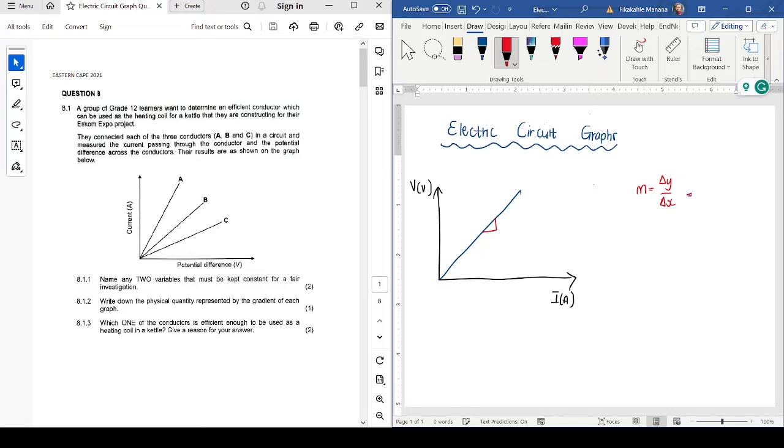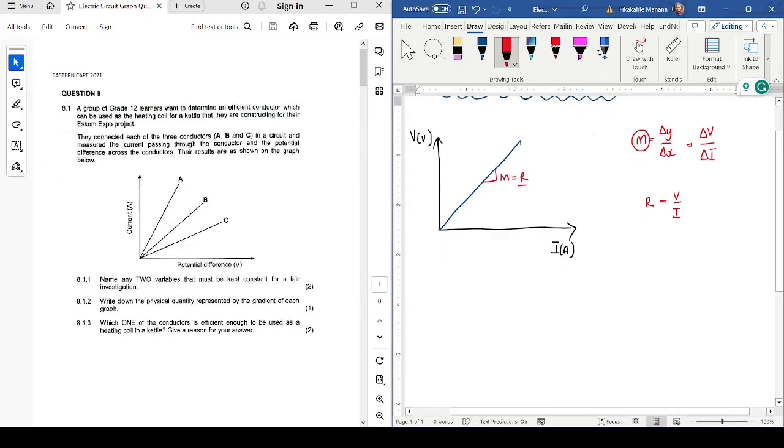In this case, our delta y would be delta V, and our delta x would be delta I. Looking at Ohm's law, remember Ohm's law is V over I, your voltage over current. So in this case, your gradient is actually your resistance. So that is your voltage versus current graph.